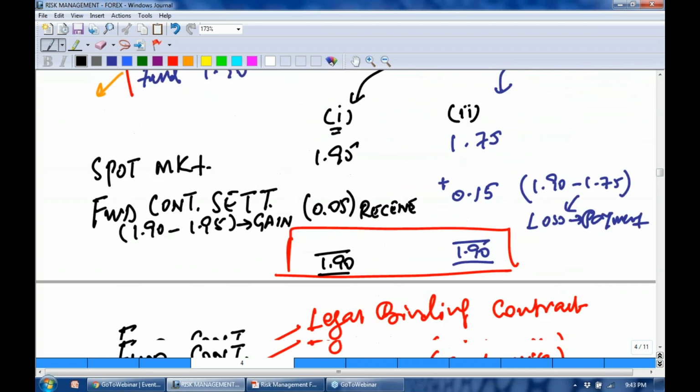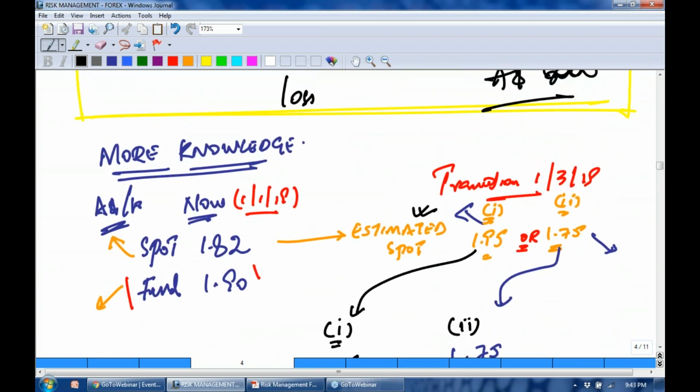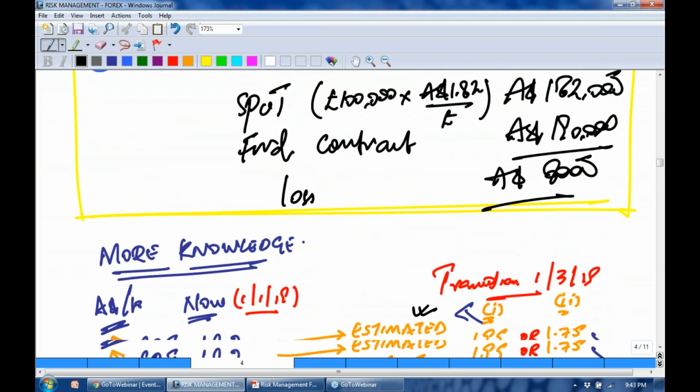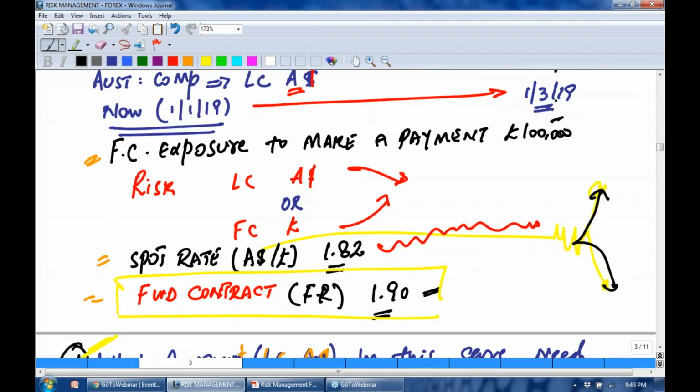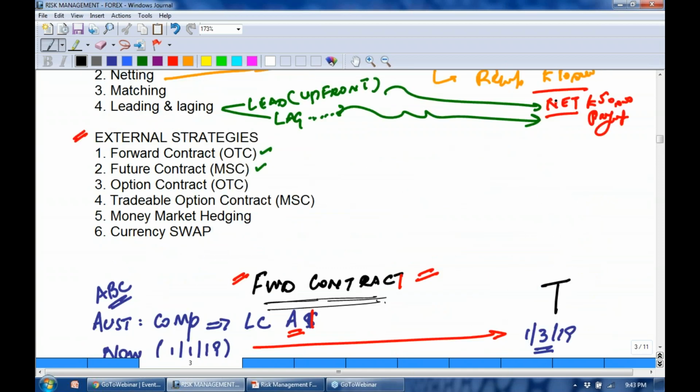Candidates, forward contract, you don't need to write it, but for understanding, it's like an insurance contract and over the counter. Like forward contract, there is another contract called future contract.